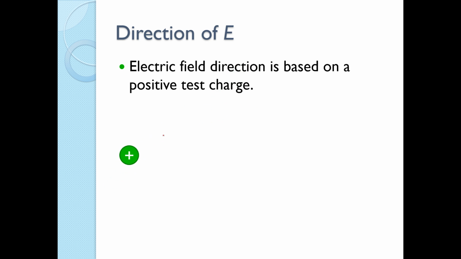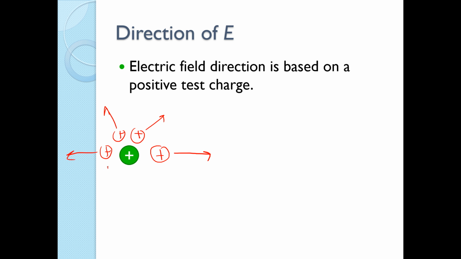The electric field of this positive charge will be based on how a positive charge moves in relation to this charge. If I put a positive charge beside another positive charge, I know that it is going to move away. This is just the laws of static electricity at work.